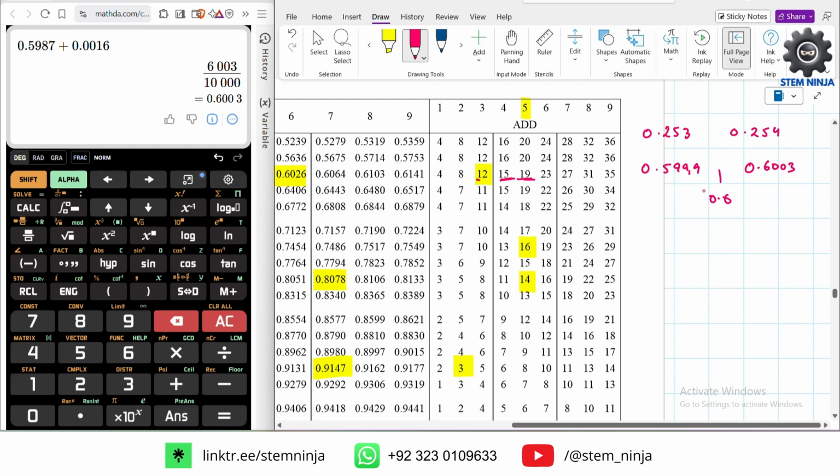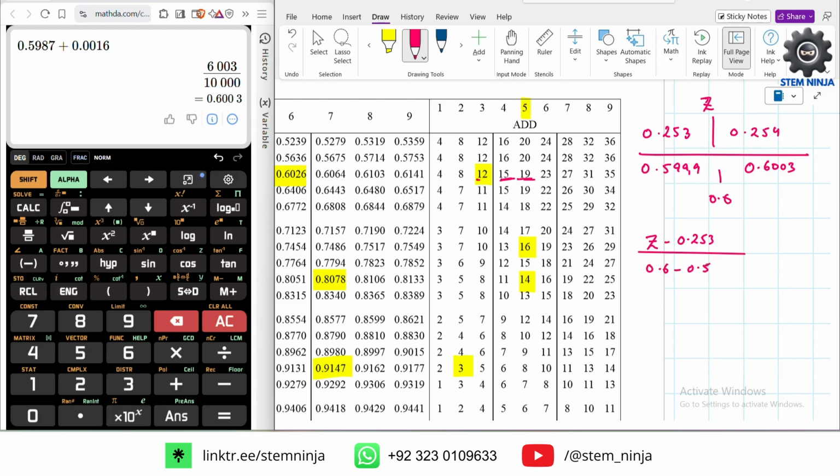We need it at 0.6, so we can do a little bit of linear interpolation to figure this out also. It's going to be a very small difference, but you can still do the linear interpolation.